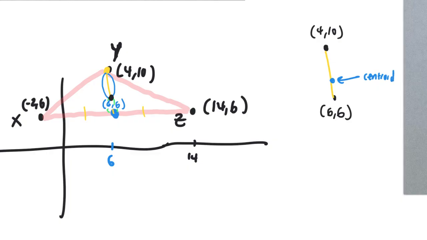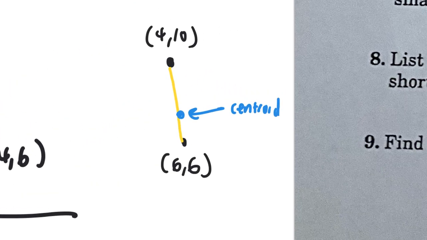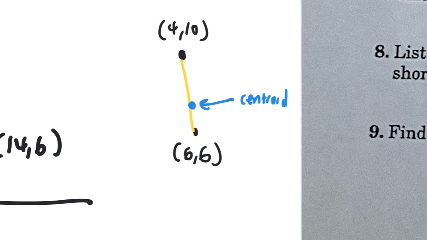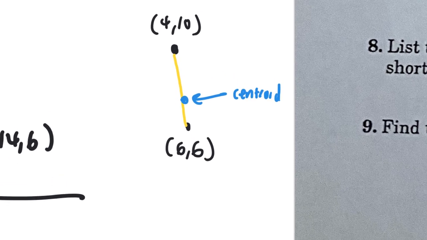But the question is, what are the coordinates of that thing? Well, one way of going about it is you can note the difference between the x values and then note the difference between the green y values. Now we're going to do something interesting.